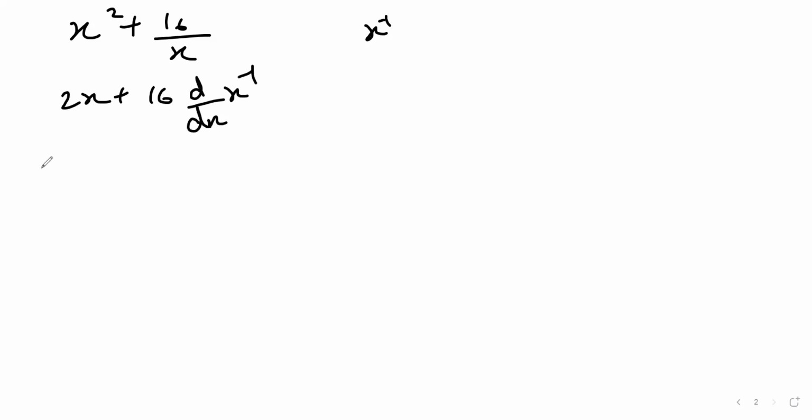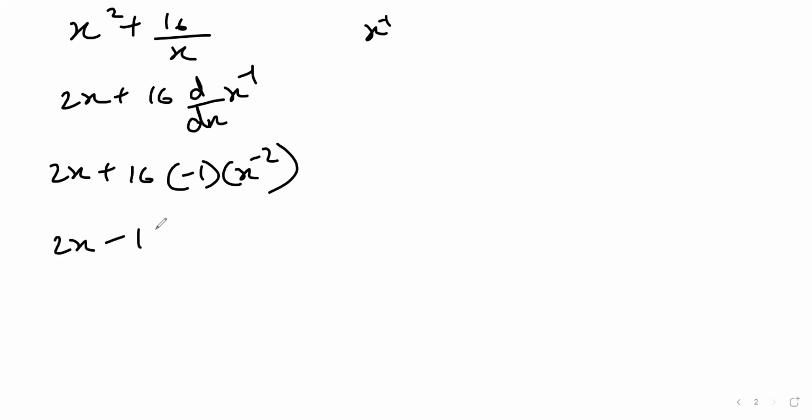Now see, here you should understand one thing. If I have to differentiate x square plus 16 by x, the derivative will be 2x plus 16 times the derivative of 1 by x, that is x raised to minus 1. The derivative of x raised to minus 1 is minus 1 x raised to minus 2. So 2x minus 16 x raised to minus 2. Now how to differentiate this?